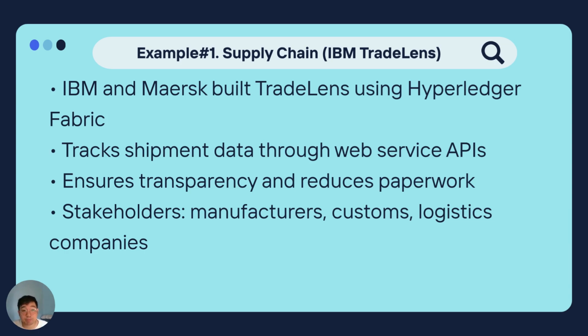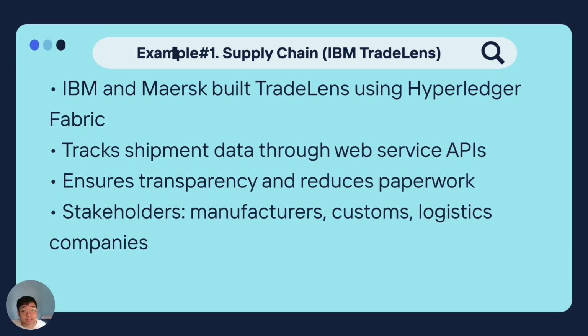This reduces paperwork, speeds up customs clearance, and ensures that every stakeholder sees the same verified information. Web services make this possible by connecting traditional logistics systems to the blockchain backend.